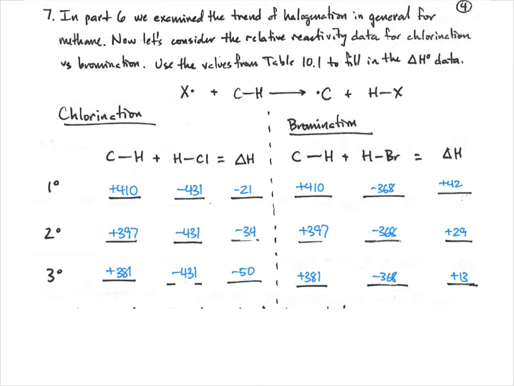So yeah, in the process, as Hannah and Mac allude to, chlorination is much easier amongst these types because you're always evolving heat no matter what. And again, we say that chlorine is not selective because all of these values are negative.